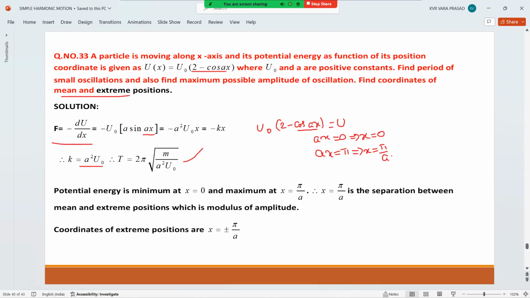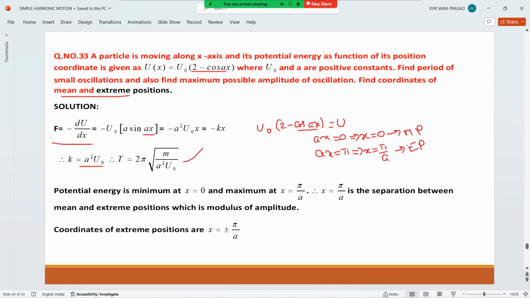That means the position coordinate for the mean position is x equal to 0, and for the extreme position it is pi by a. And we know that the separation between mean position and extreme position is the modulus of amplitude. That means pi by a is the amplitude.